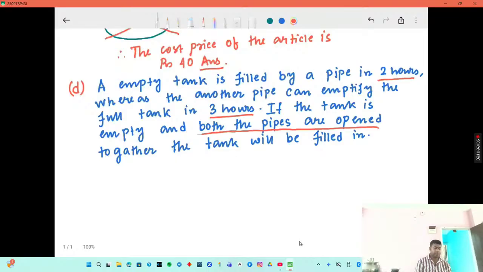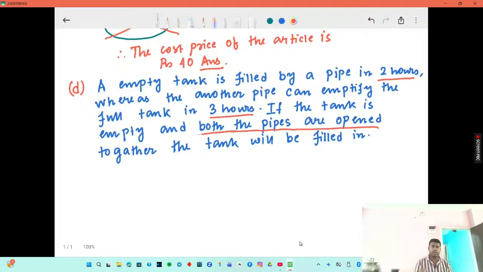Because the time taken to fill the tank should always be lower than the time taken by the pipe to empty the full tank, or else the tank will never be filled.